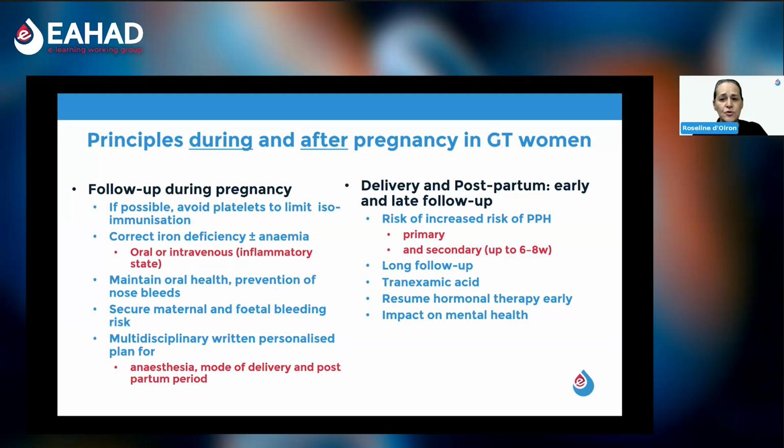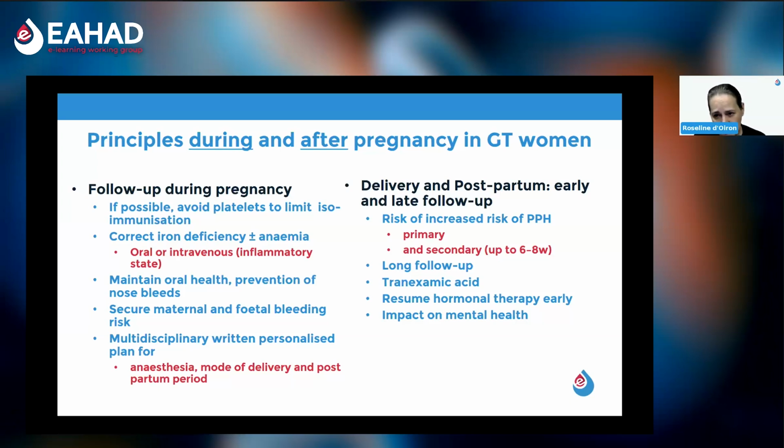After that, some principles during and after pregnancy have to be observed in order to avoid platelet isoimmunization, to correct the iron deficiency and anemia, and to have very good oral health, not to cause chronic mouth bleedings that might lead to iron deficiency, to secure as well all of the bleeding risk, and to have for the delivery a multidisciplinary written plan that will cover all the different aspects of delivery.